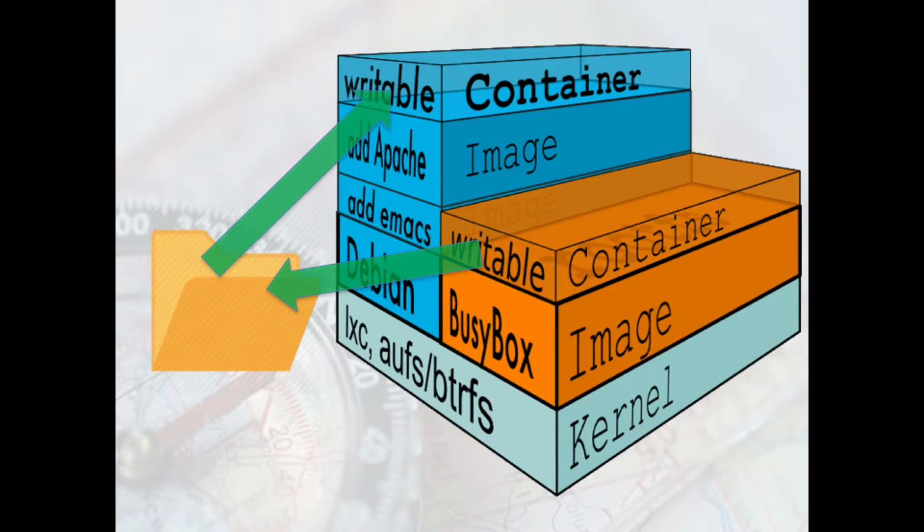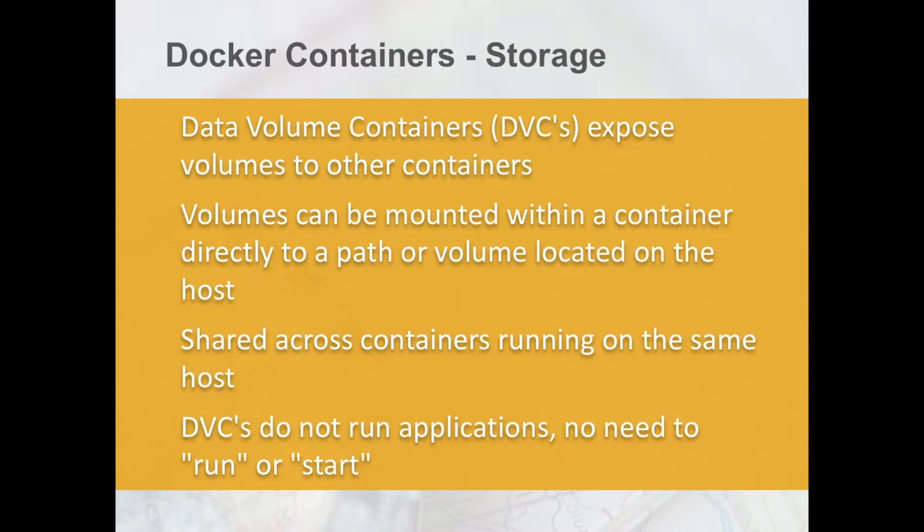DVCs give us a simplistic way of creating persistent volumes or persistent data within a container. And essentially what we do is we launch another container that's specific to a DVC. And that then shares a volume with our containers. So data volume containers expose volumes to other containers.